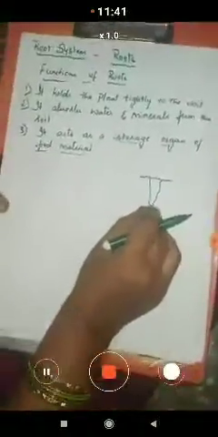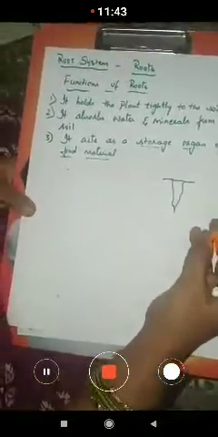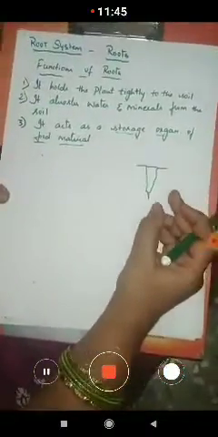It is fleshy and soft and it is edible. Edible means we can eat it, we can take it as food. So it changes its color and its texture, it becomes soft and it is edible.